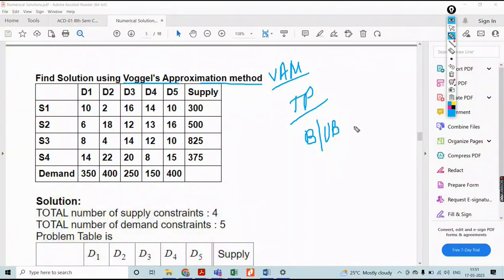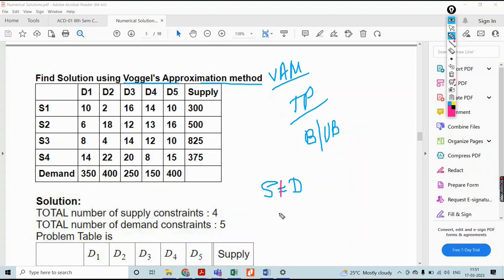What does balanced and unbalanced mean? If supply is equal to demand, then it is called a balanced transportation problem. If it is not equal, then it is called an unbalanced problem.